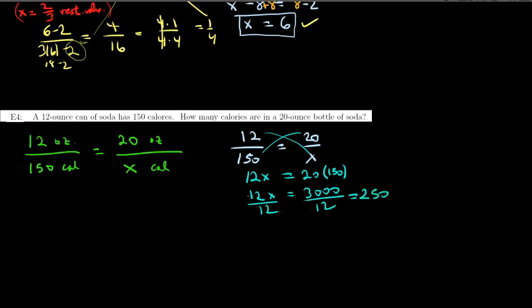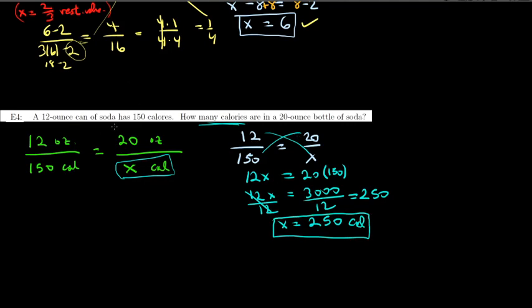So that's our x, right? X should be 250. 250 what? 250 calories. How many calories are there in a 20-ounce bottle? So the answer here is 250 calories.